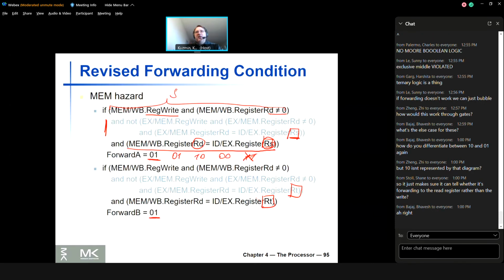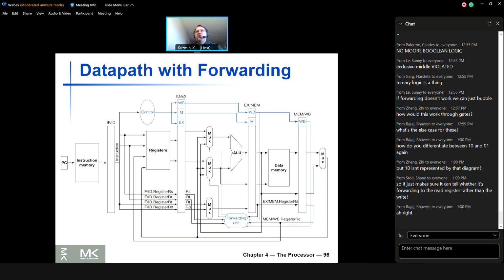All right, and so here's our control with forwarding. Again, I don't think we've added much to this diagram itself. But we made it more precise what our forwarding unit is and what it does. We now see that it will be getting this blue line here and this blue line here.